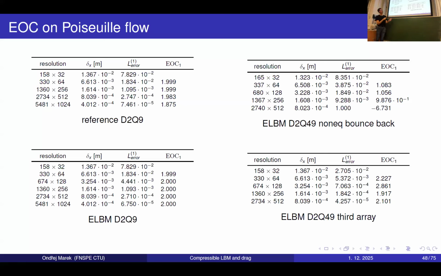The second problem, the convergence study for the pass-through flow, basically an overview of how close we are to the parabolic profile in the incompressible case. Here we can see the D2Q9 model and 2, but here it slightly changes with the entropic Lattice Boltzmann method.